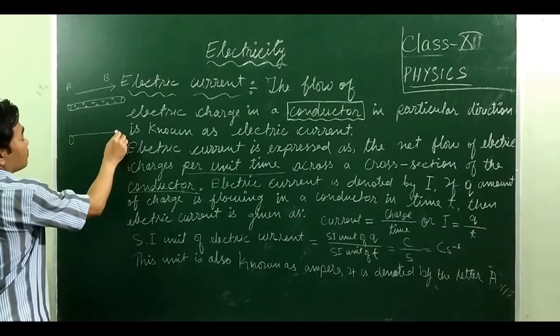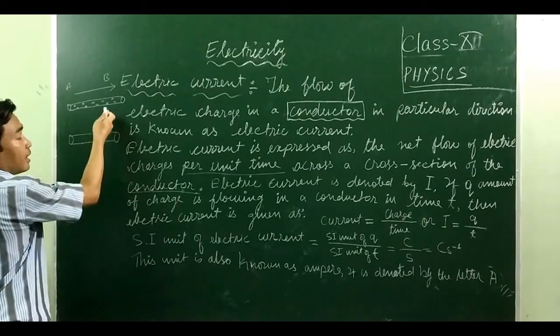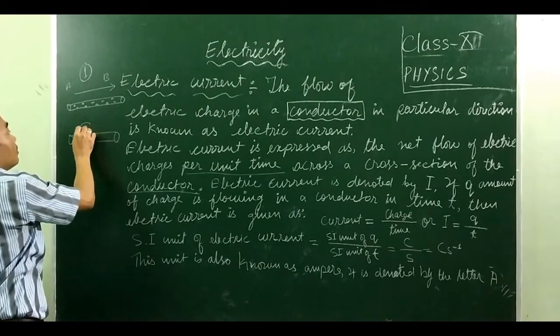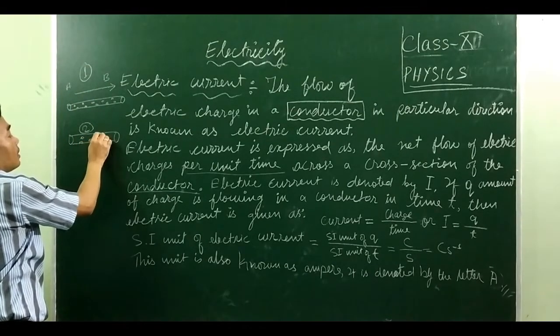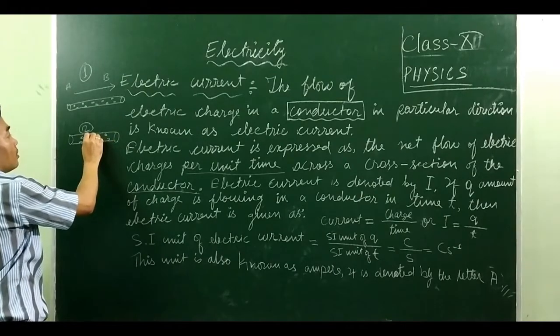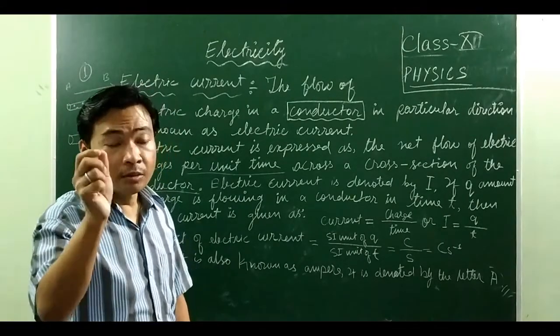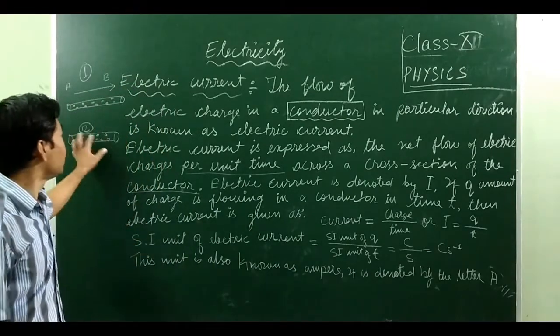One more thing here. This is the same wire. This is number 1, and this is number 2. Electrons, the electric charge, are here. In metals, the electrons are loosely bound, meaning they are free to move anywhere.